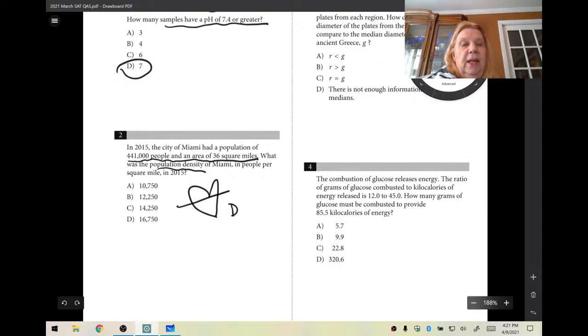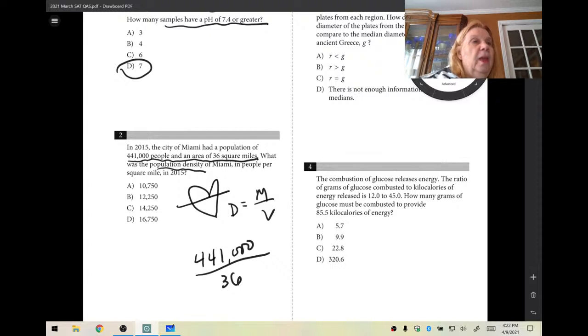So density is, well, in this case, mass over volume, but here it's going to be the number of people over 36 miles to find people per mile. You can use a calculator on this, and then that will be answer choice B when you put it through the calculator. So totally good to use the calculator on that one.